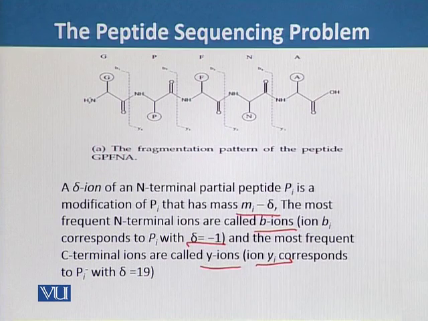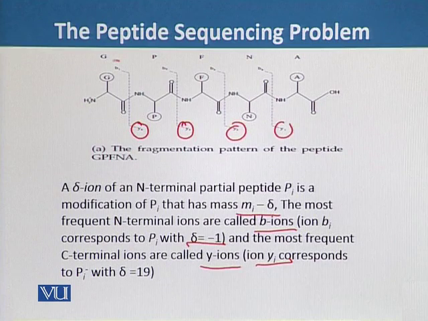As we can see in the figure, examples of other frequent N-terminal ions are represented by B minus H2O, and we can see the values of the Yi, and these are represented as Bi.